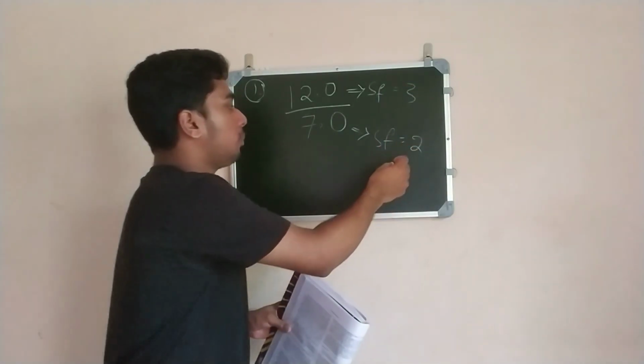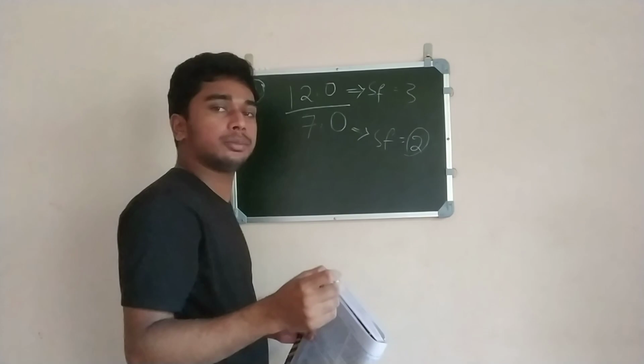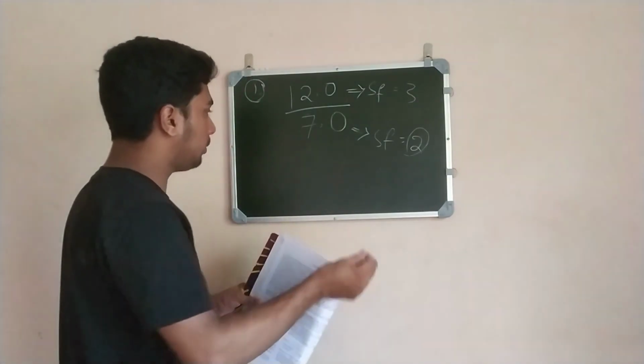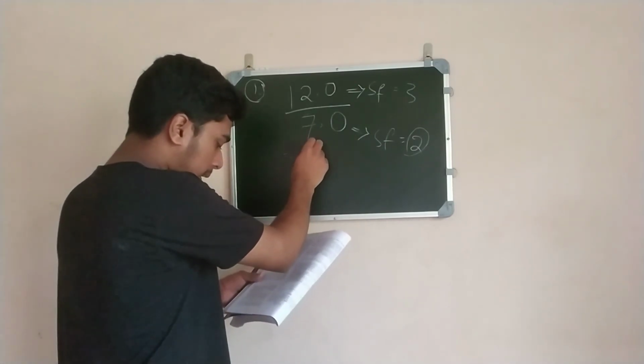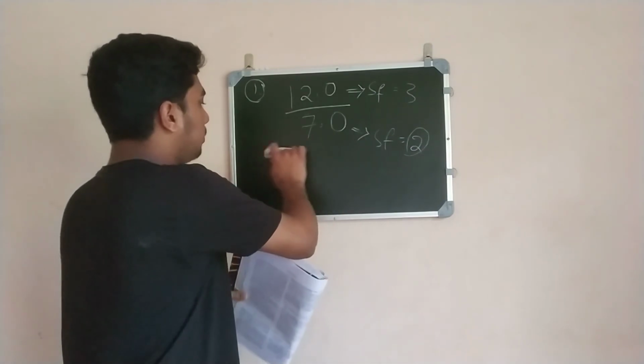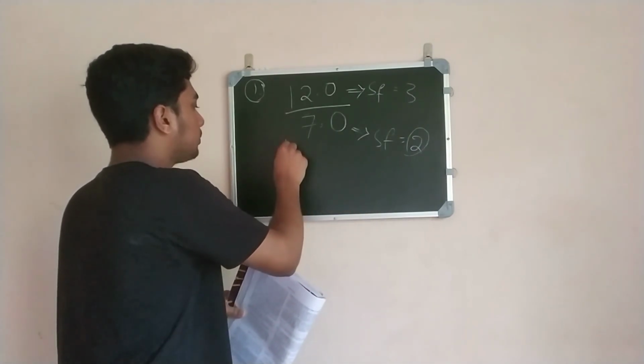So you have to keep up to 2 significant figures. In this case, you will find the answer will be 1.714285.